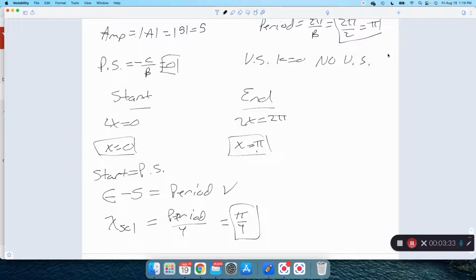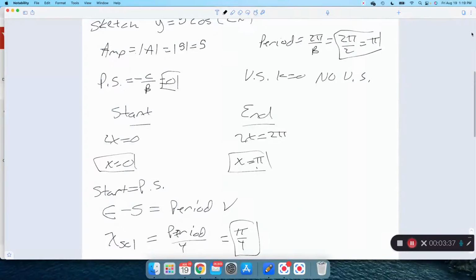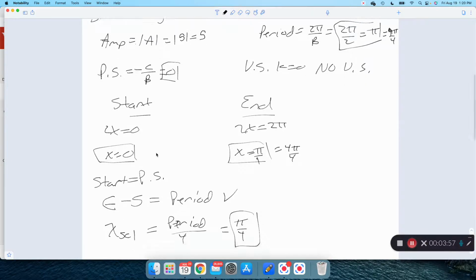Our life is going to be much easier if we're always counting by the same units. So let's think of this period as 4 pi over 4. Same with our end. So that's really pi over 1. I multiply top and bottom by 4. And 0, of course, is just 0.